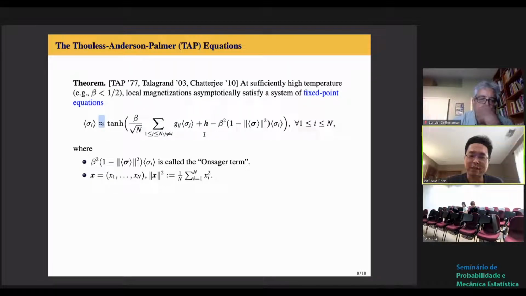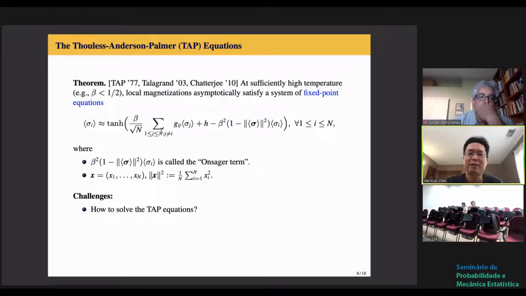So of course, the next question is how to solve these types of equations, right? If you look at here, this equation is actually quite complicated in the sense that the first term is sort of fine, right?